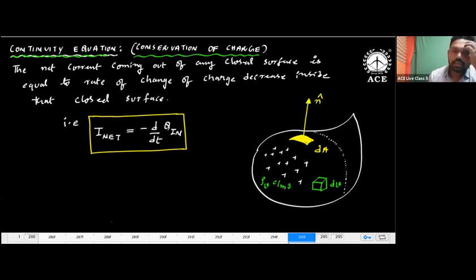The current coming out from this very small piece of area is given by the current density J. Units are ampere per meter square, beta. Remember, no replacing.